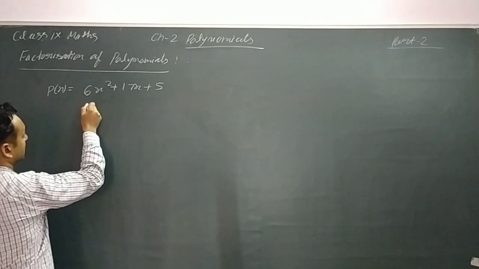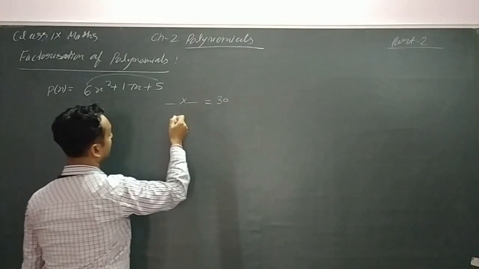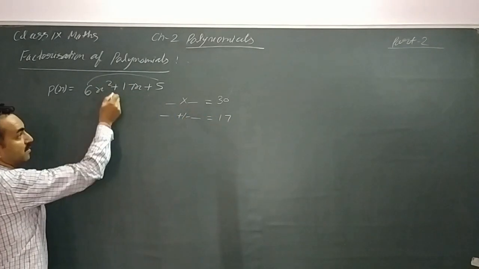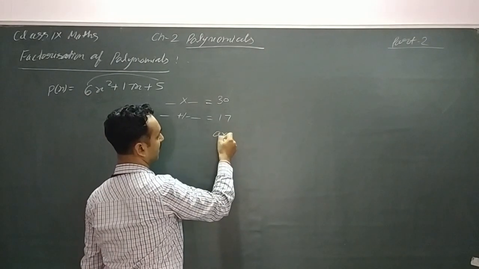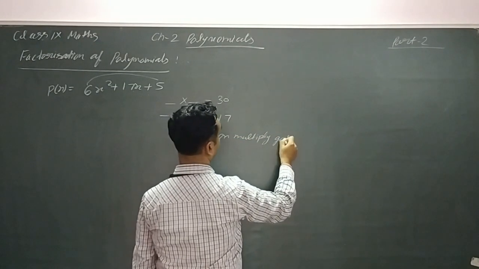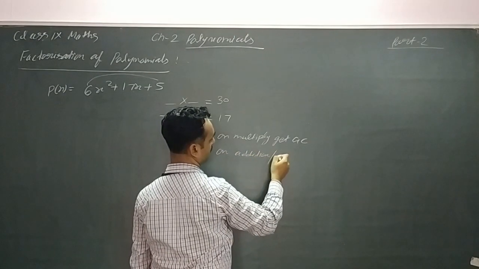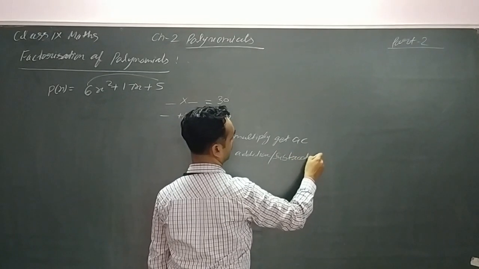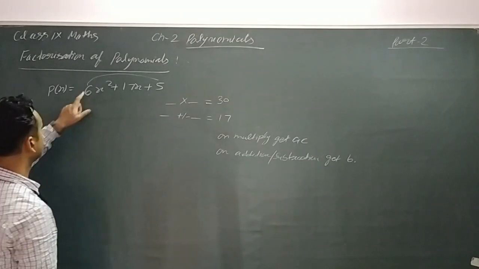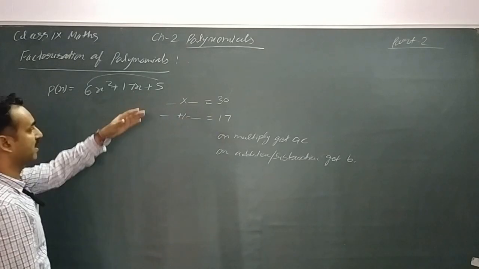First of all, on multiplying two numbers we will get 6 times 5, that is 30, and on adding or subtracting two numbers we will get B, 17. This is the rule: on multiplying we get AC, and on addition or subtraction we get B. So here AC means 6 times 5 is 30, and B means 17 with sign also.